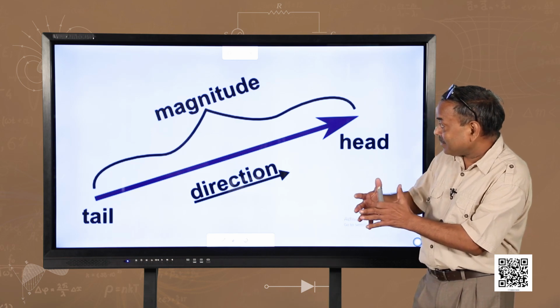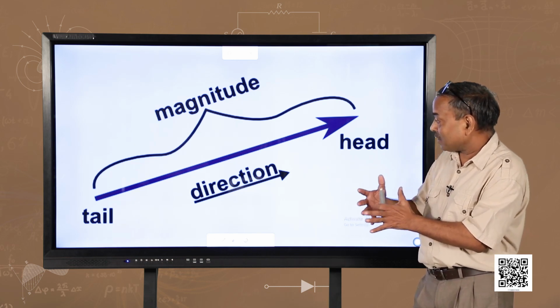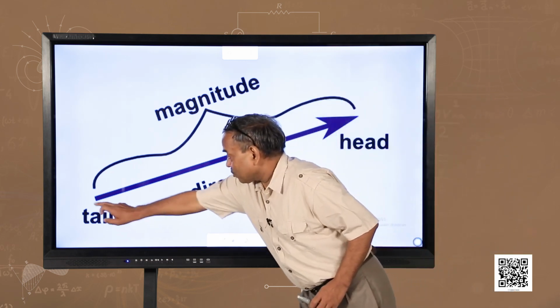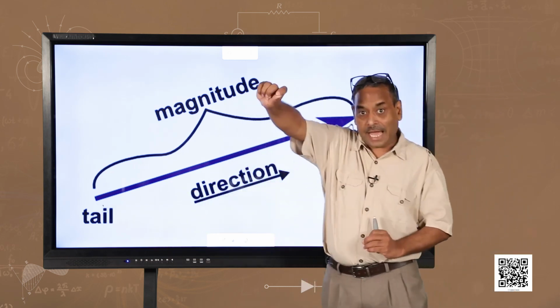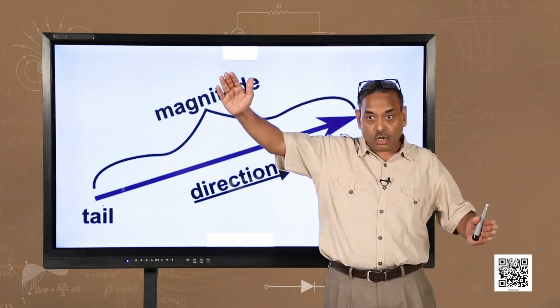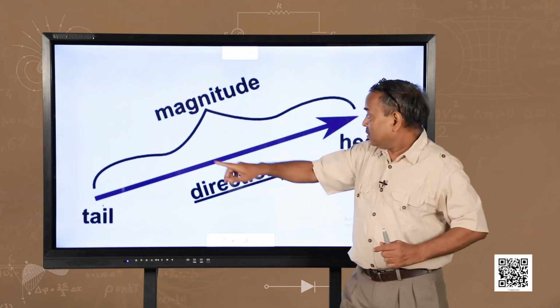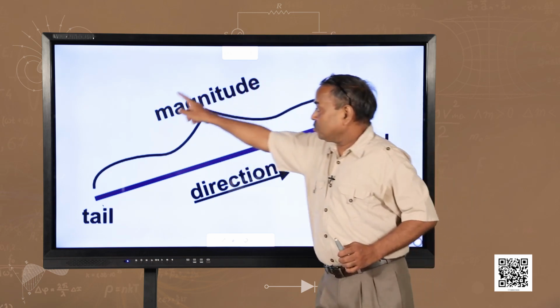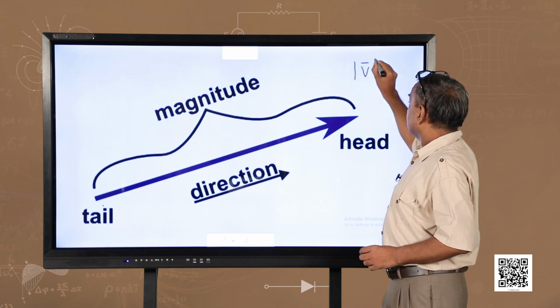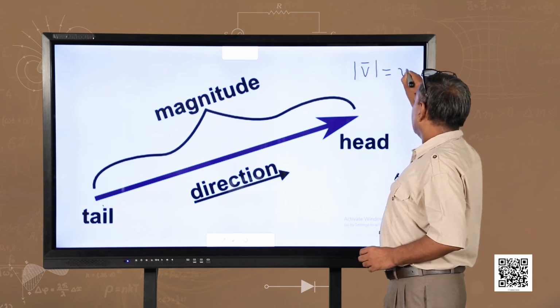How is this vector quantity represented? This is the tail of a vector quantity, and it is represented by an arrow. The length of the arrow tells you the magnitude of this vector quantity. Suppose this is equal to v.